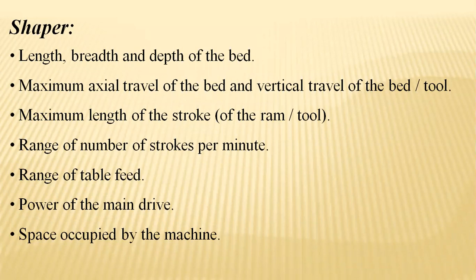Particularly in this machinery, the length, breadth, and depth of the bed will be specified, and based upon that, the machining process is done. The maximum axial travel of the bed and the vertical travel of the bed have to be known and monitored on this shaper machinery.